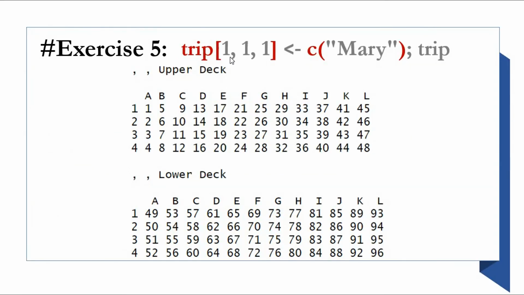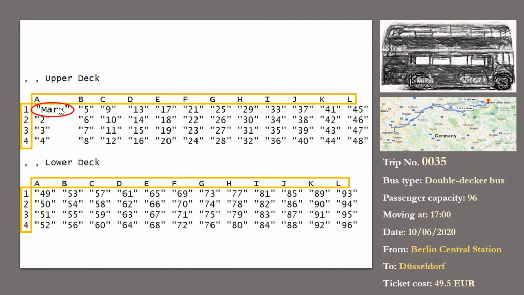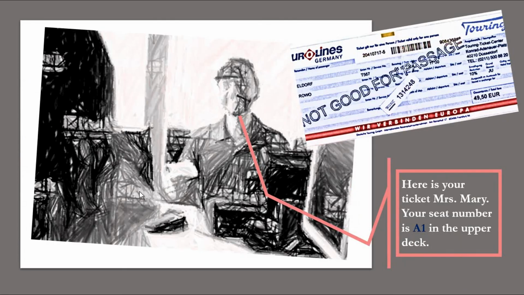So here, what we are doing, we are accessing the first matrix, the first column, the first row, and then we are assigning Mary to it. As simple as that. So when you print trip, you can see that Mary is in our array. So she bought the ticket. So here's your ticket, and your seat number is A1 in the upper deck.